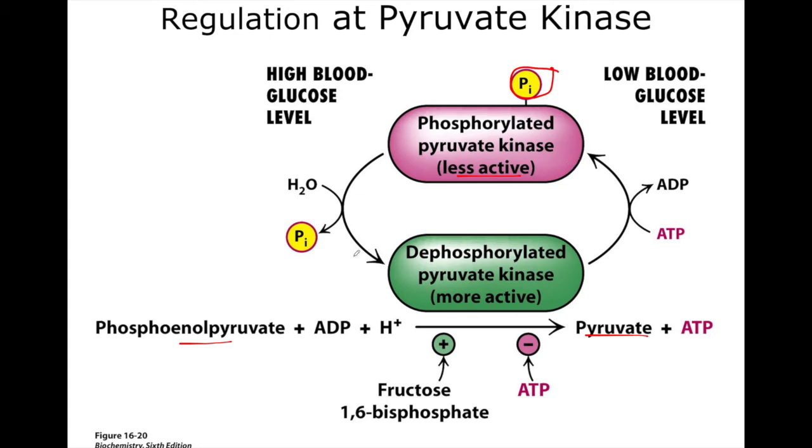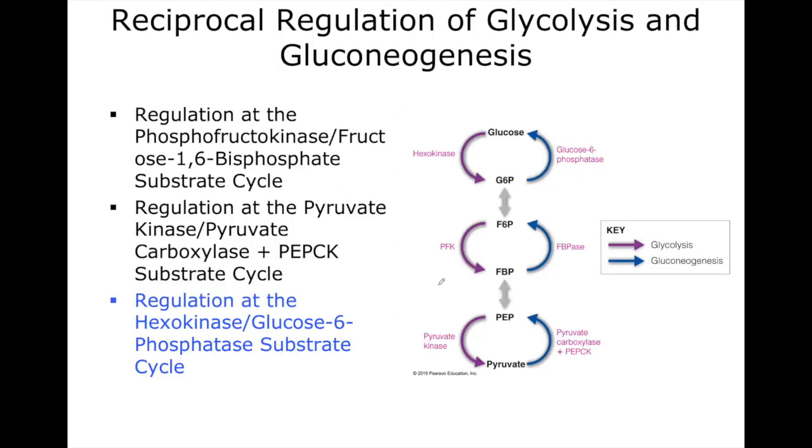And then we have a phosphatase, which comes along when the conditions are right and dephosphorylates that, therefore increasing its activity and turning glycolysis back on, at least at this regulatory point. Now the other enzymes in that pathway, pyruvate carboxylase and phosphoenolpyruvate carboxykinase, are not very highly regulated. They're more regulated at the transcriptional level and not so much allosterically.